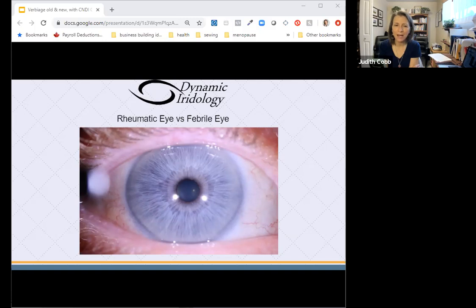The febrile eye is usually found in someone who fevered easily as a child and may be still prone to fevers when their immune system is activated. So when we see these blue eyes that have all white fiber, bright white fiber in them, then we want to be asking about their immune system and their predisposition towards fevering.